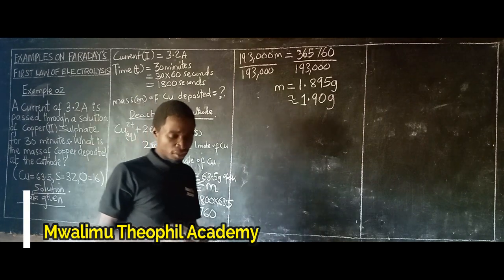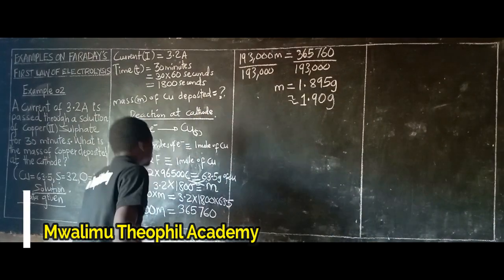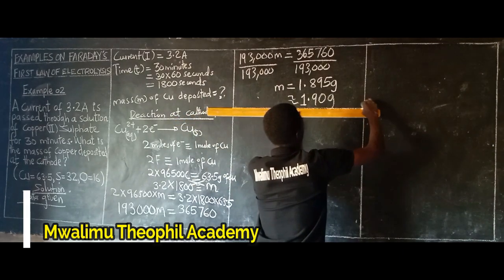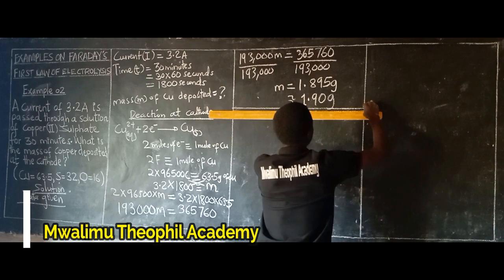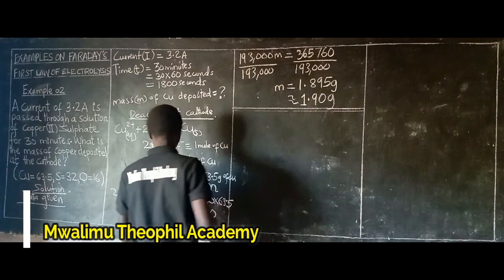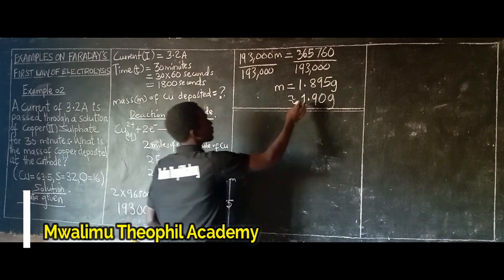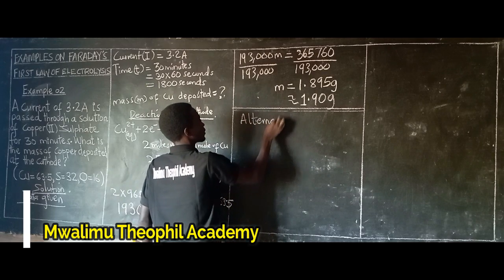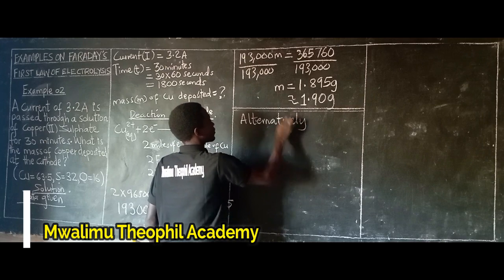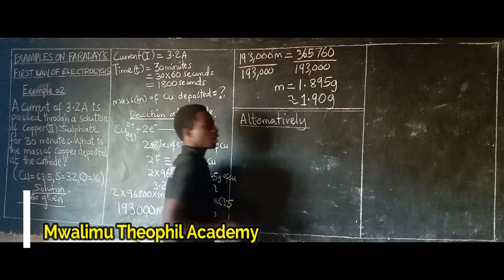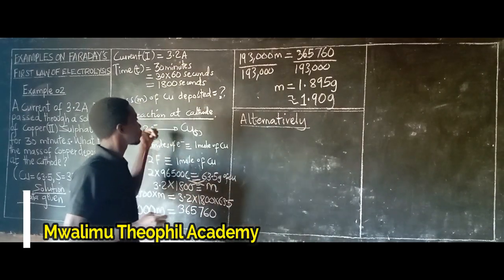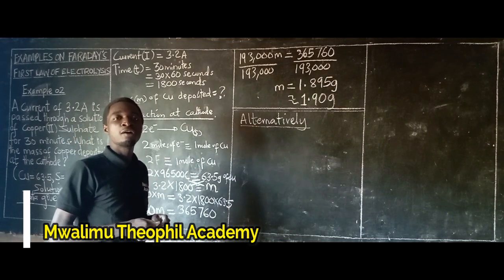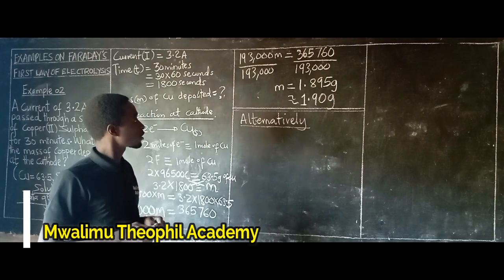Apart from this approach, we also have an alternative. An alternative which can be used to solve this question is to use directly the formula from Faraday's first law of electrolysis.